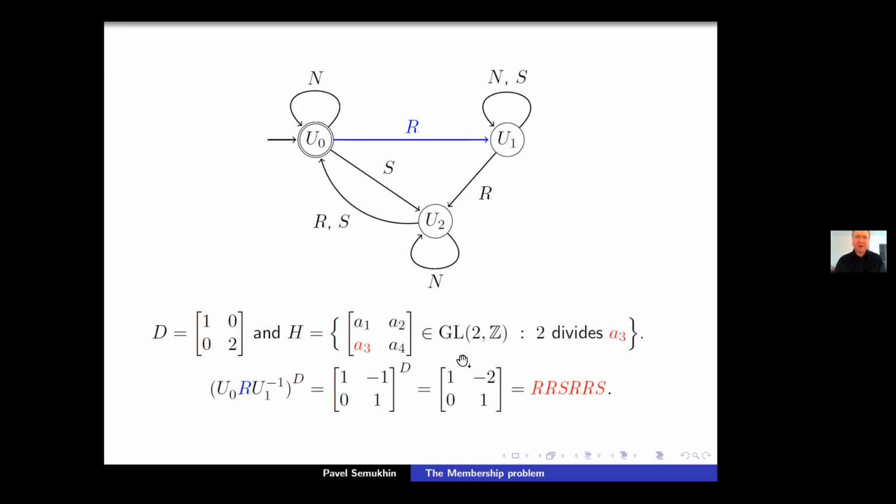And then we need to find the word W which represents this matrix. In this case, it will be a word like RRS, RRS. And so we replace this transition with a path whose label is this word. On the picture it looks like an edge, but it is in fact a path whose label is written here.